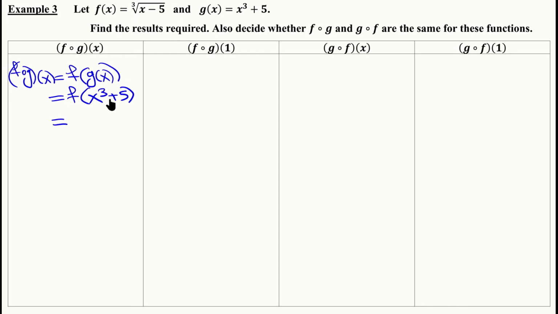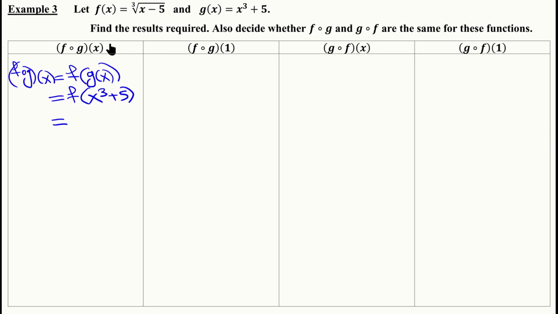Now, we need to apply the action of f to this input. So what does f do to x? It takes the cube root of whatever that x is and subtracts 5. So what is f going to do instead to this expression?